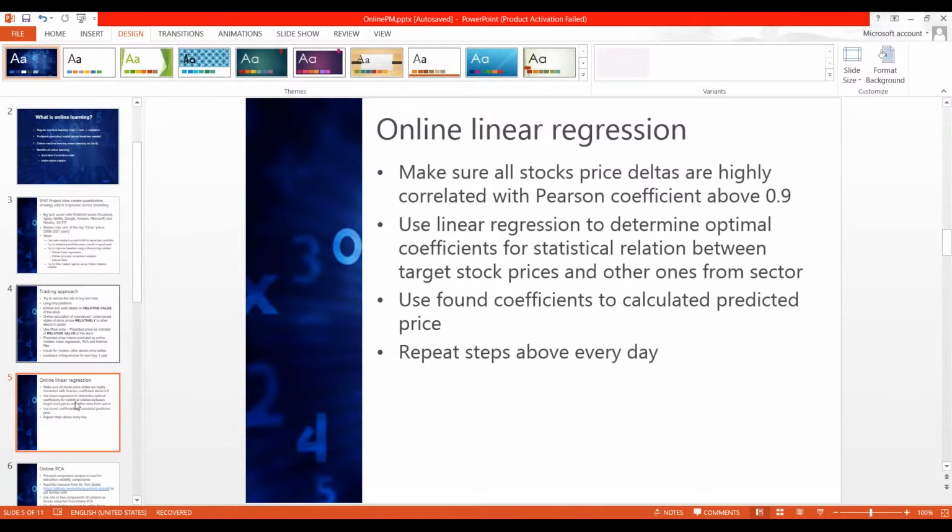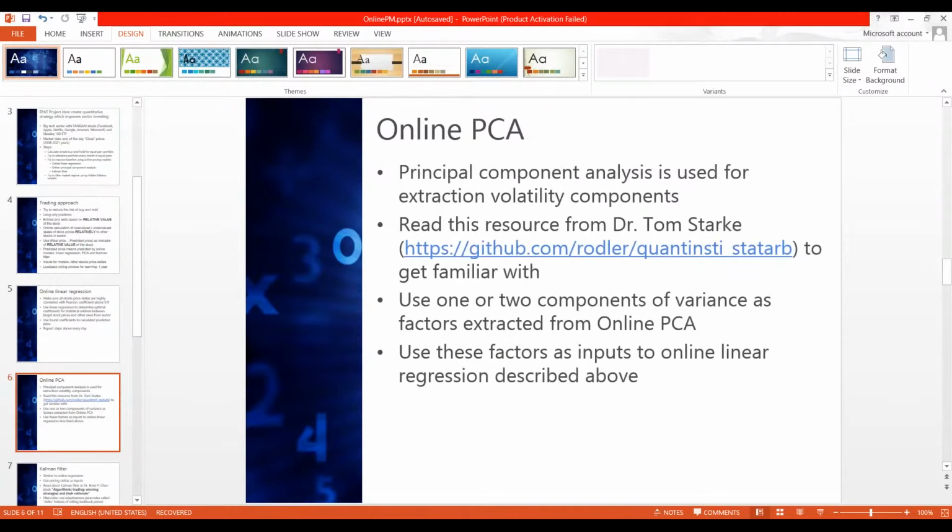So what concerns online principal component analysis? Principal component analysis is an approach based on eigenvalues and eigenvectors of the matrix. It is used for solving different problems in data analysis by extraction of orthonormal, non-correlated components of variance. And I use it the way you can read in the resource from Dr. Tom Starke from EPAT.